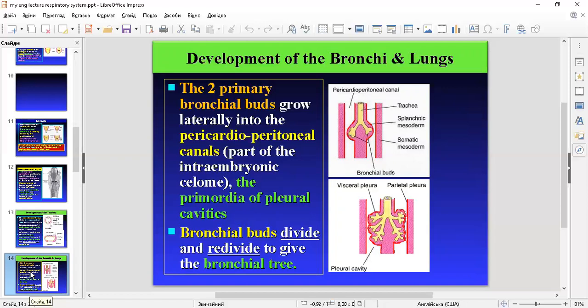Bronchial buds divide and redivide to give the bronchial tree.